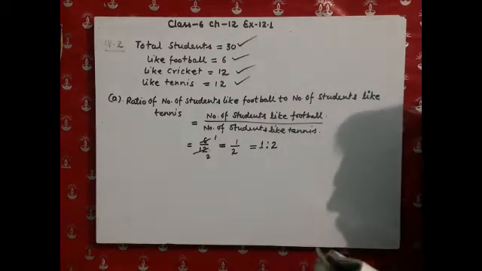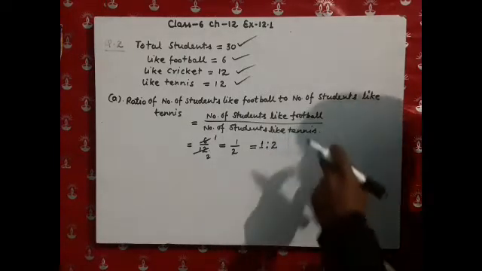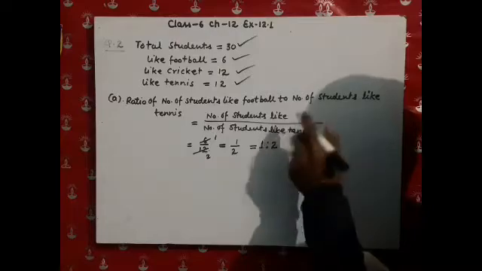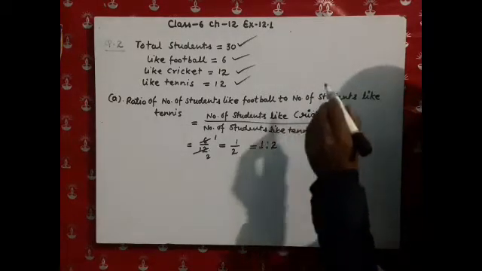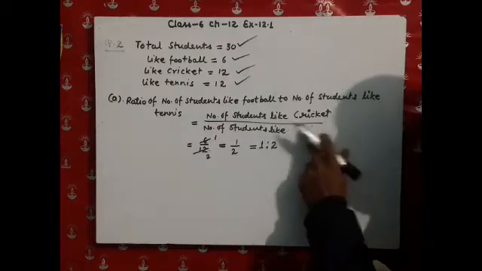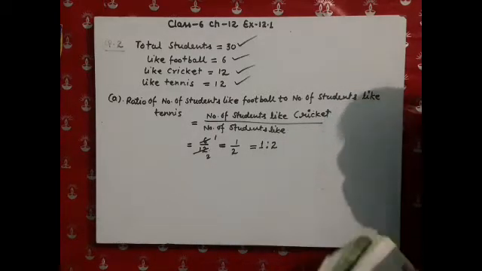Similarly, now we are going to the B part. The number of students liking cricket, and now we have to find the ratio to the total number of students.